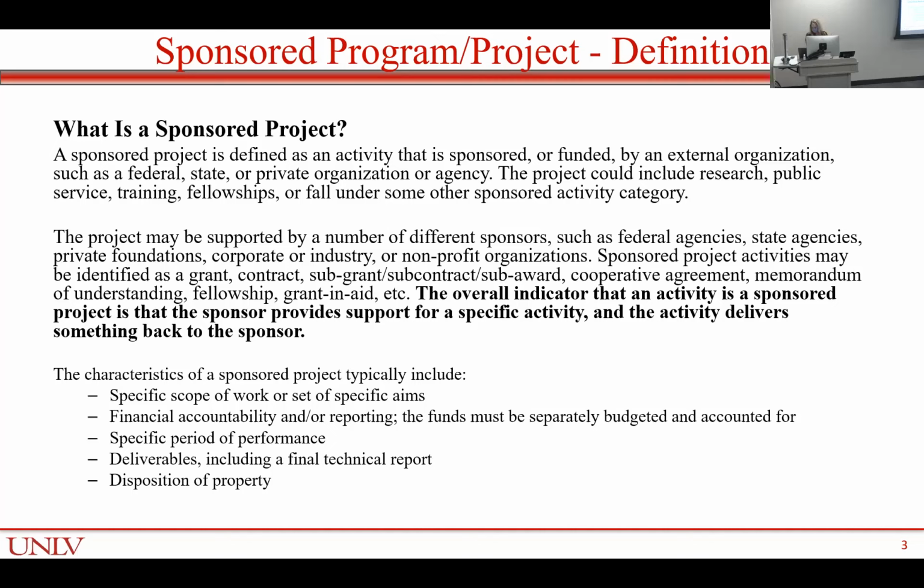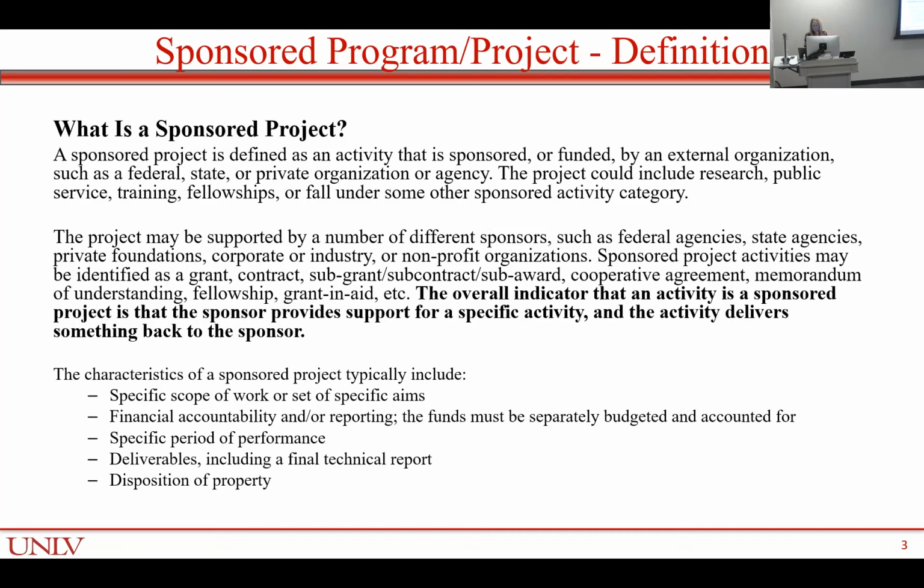They all have different factors or variables. And so then the overall indicator that an activity is a sponsored project is that the sponsor is providing support for a specific activity, and the activity delivers something back to the sponsor. So for example, if you got a travel award through an association, you applied for it, it's extramural funding, but it's giving you $1,500 directly to you to go to a conference, we wouldn't consider that a sponsored program.